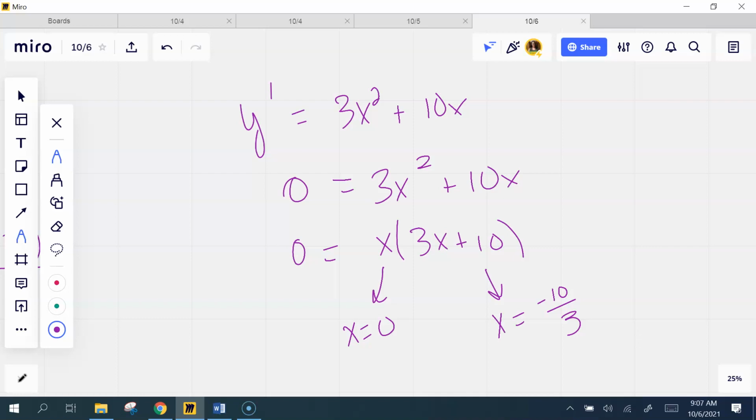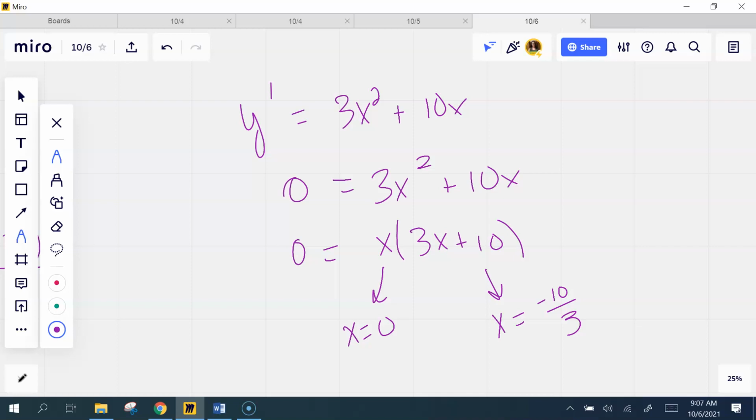Wait just a second here. Those are not, I don't think those are the right points.